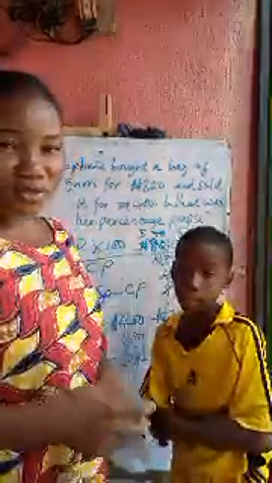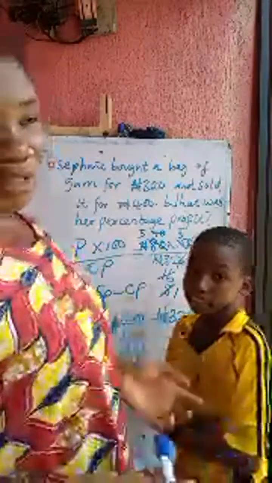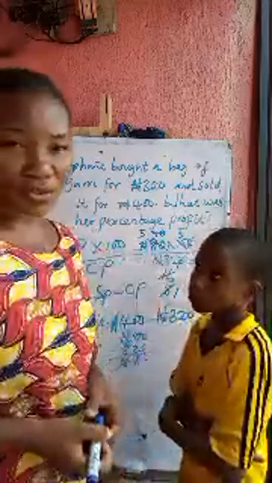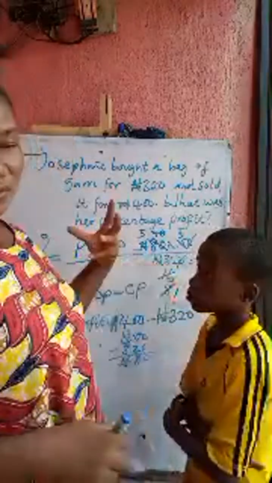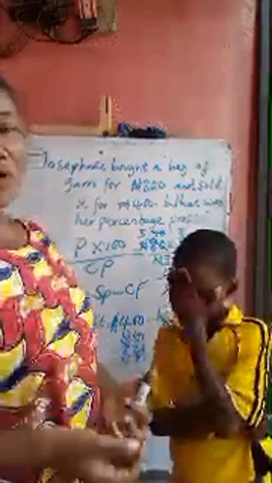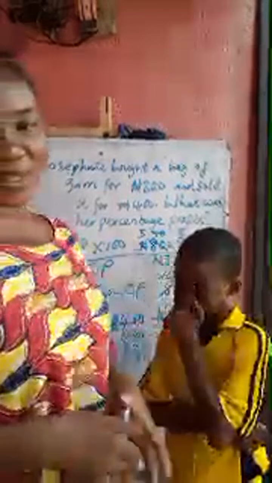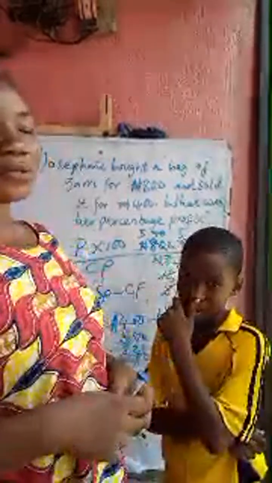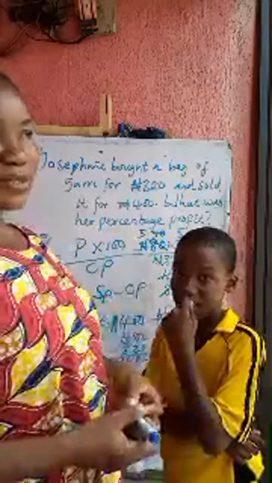I hope you enjoyed today's review class on past common entrance examination questions. The objective of this review is to help learners overcome the fear of mathematics before sitting external exams.